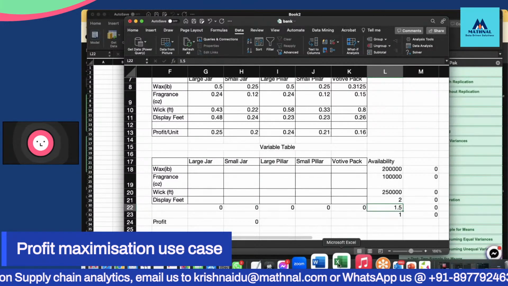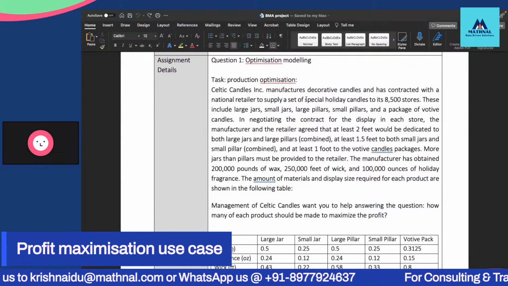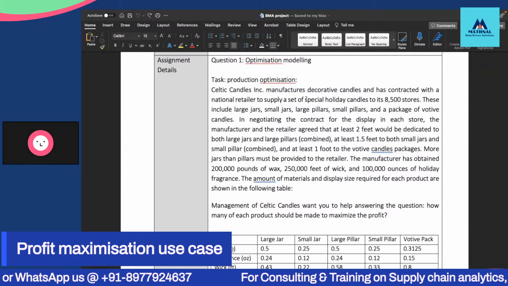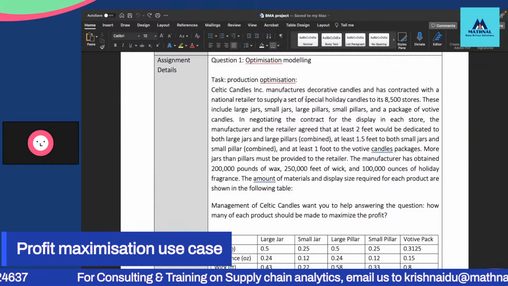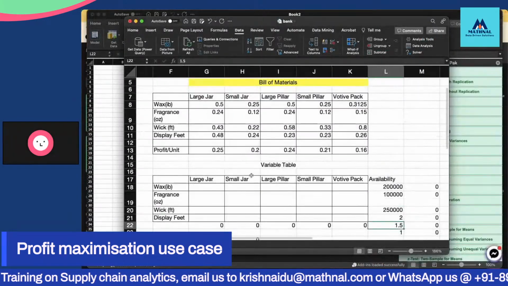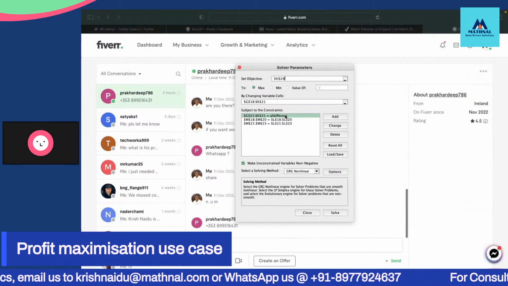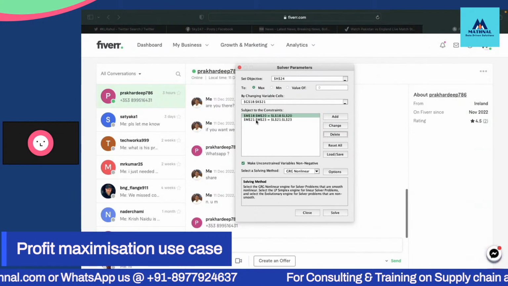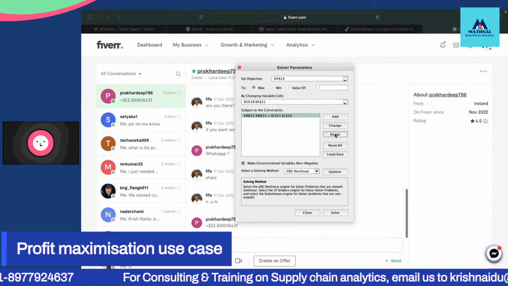So now let's go back to the, so let me put some additional constraints. Remove everything and let's go with a fresh one.